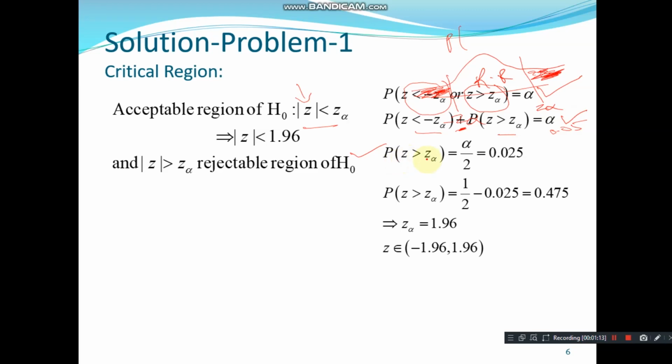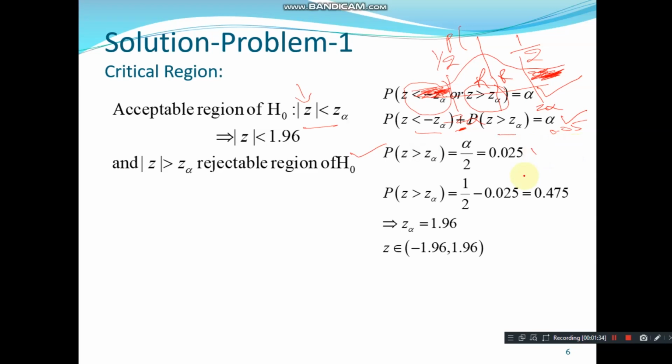Now, because the distribution is symmetric, the negative part and the positive part are equal. So this is twice the probability of z greater than z alpha.